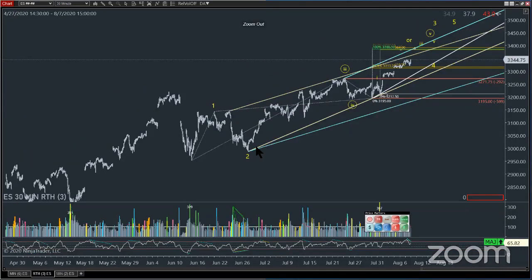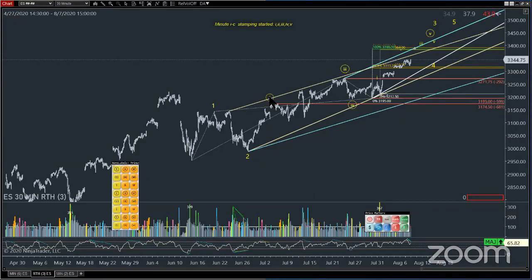I have no idea what I'm doing with this. This is so awkward in here. I'm just going to say that this is a 1 up right here. That's 1, and that's 2. And then you've got a 1, 2, 3, triangle 4, and now we're in wave 5 of 3. And that's the best I can do with that. Otherwise, it's just being stupid.